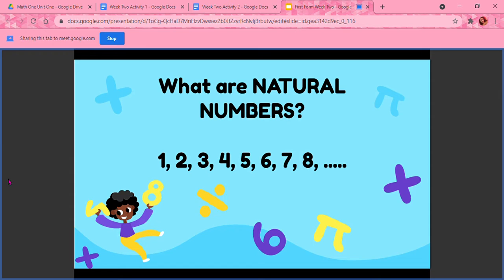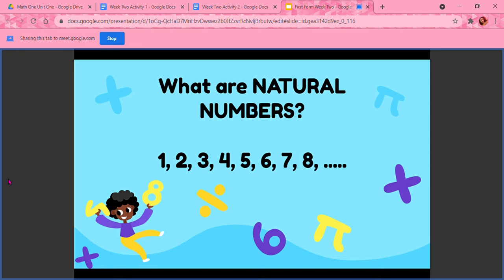So now, natural numbers. I made a slide for each one so that you could have examples and know what I'm talking about. So the first one is, what are natural numbers? How do natural numbers look? Natural numbers are basically your counting numbers, and these should be the easiest ones for you to identify.